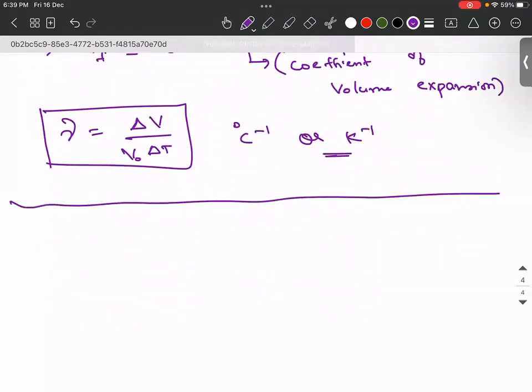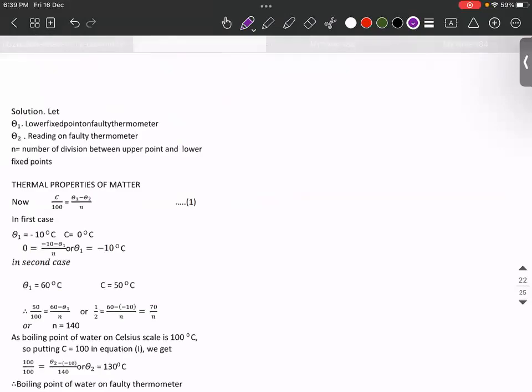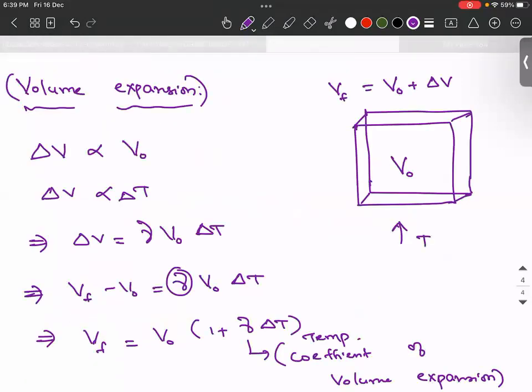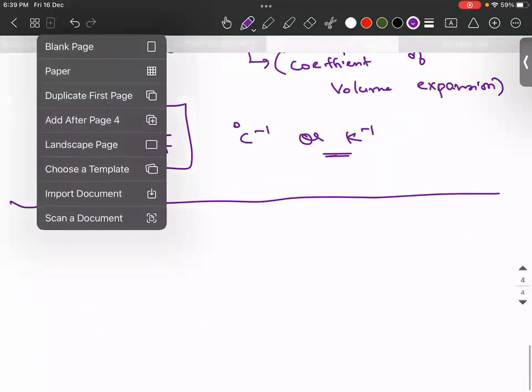Having said this, now we will see the relation between alpha, beta, and gamma.